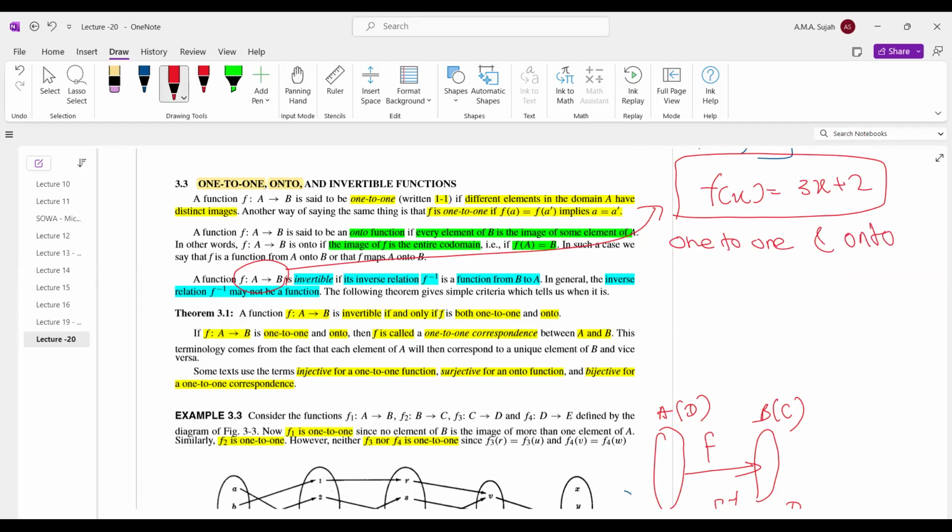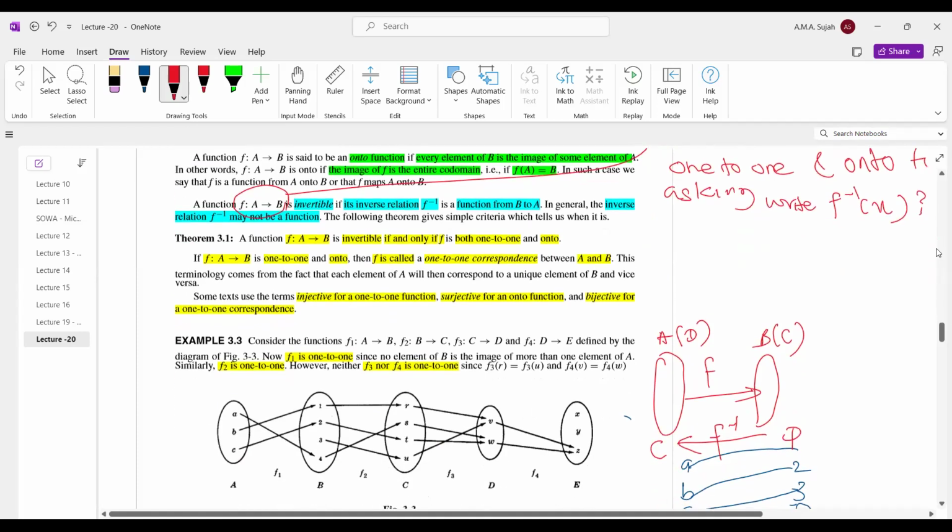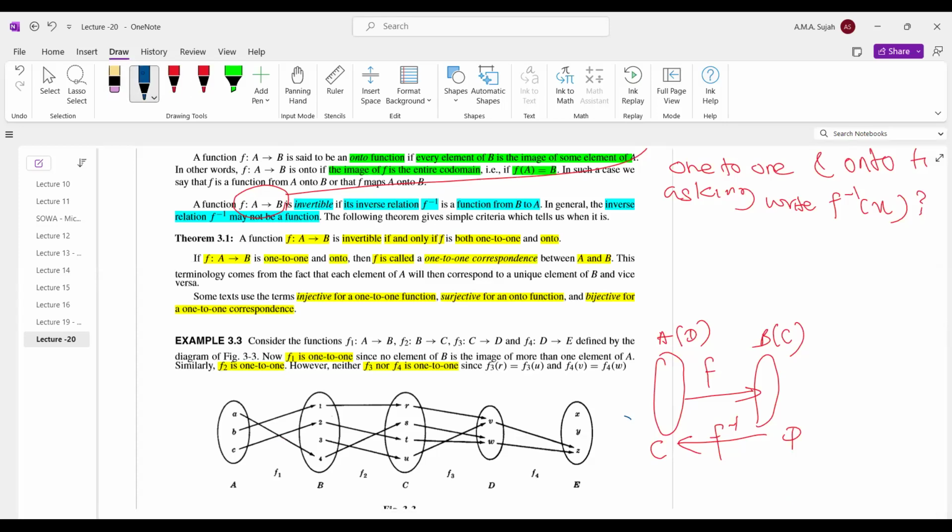In the question, they are telling you this is a one-to-one and onto function, and they are asking you to write f inverse of x. How can we answer this question? First, look here. This is the function f of x. We need to find f inverse of x.